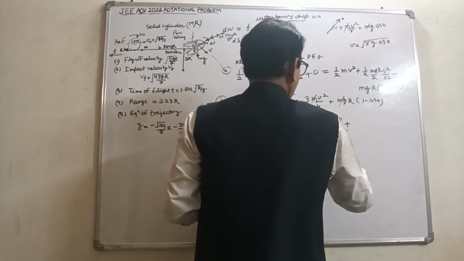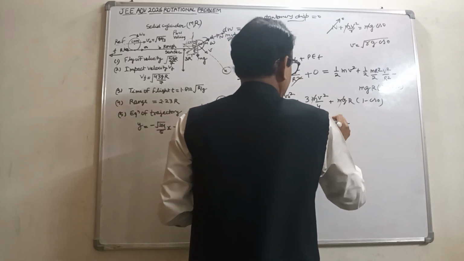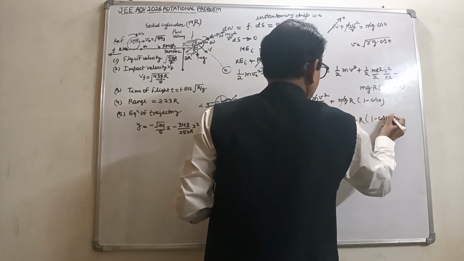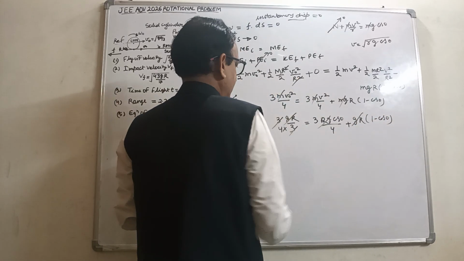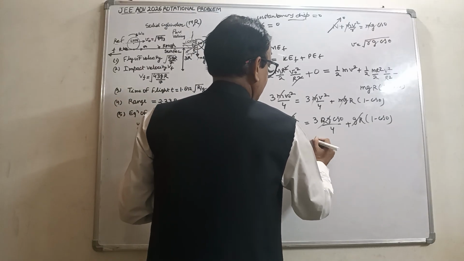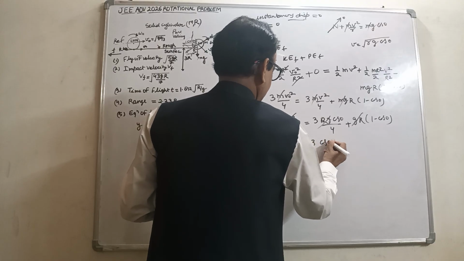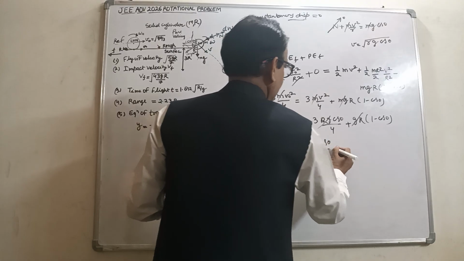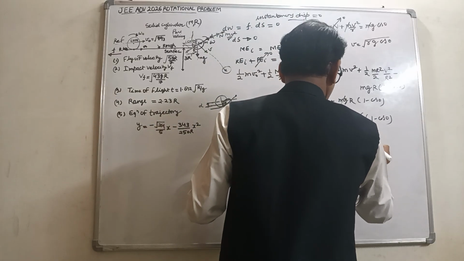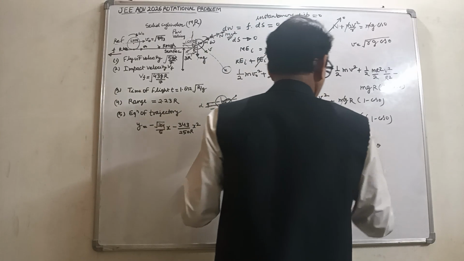Plus rg times 1 minus cos theta. gr cancels out, so this becomes 1 by 4. This becomes 3 cos theta by 4 plus 4 minus 4 cos theta upon 4.